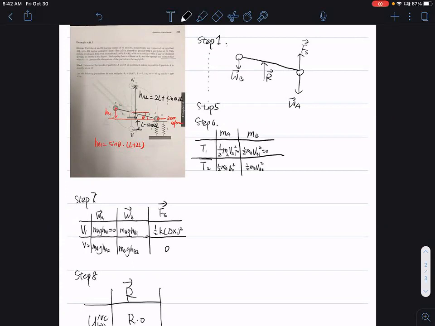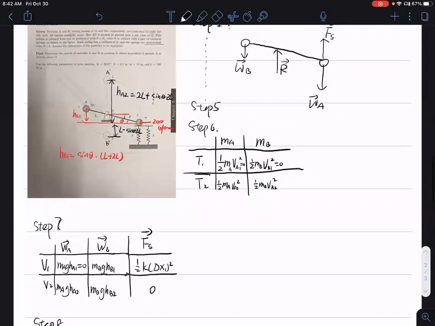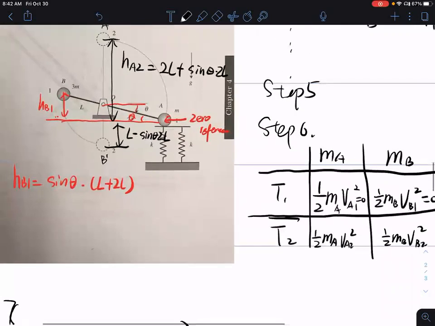Okay, here's a trick. Let's look at how I set up my 0 reference point. Here I set up this 0 reference point for potential energy for the whole system, so everything is relative to that point.